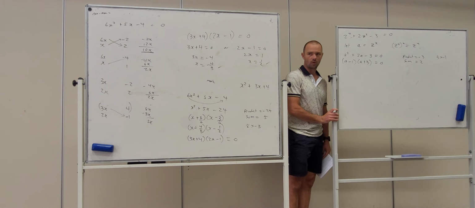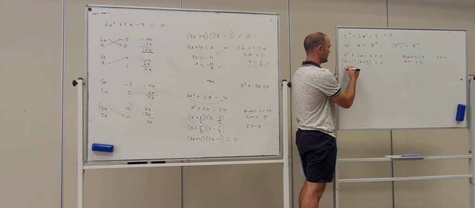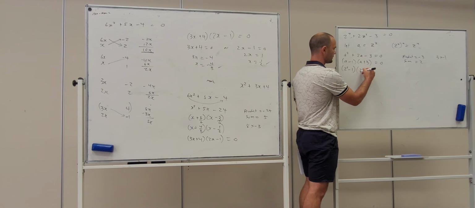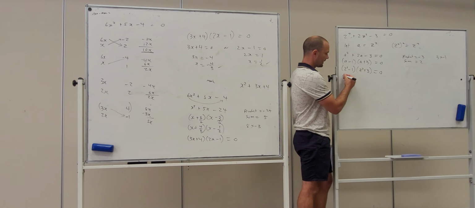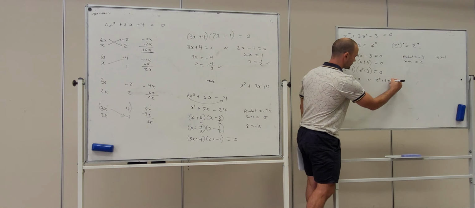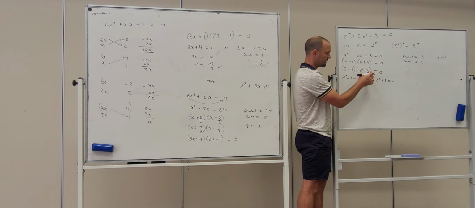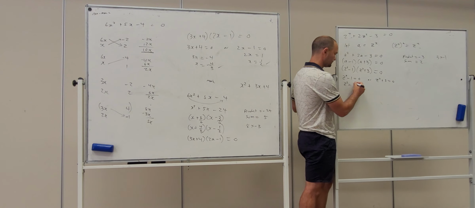Now we can put a back in, a is z squared, right? z squared take 1, z squared plus 3. Let's apply the null factor law. a times b is 0, either a is 0 or b is 0. Solve.